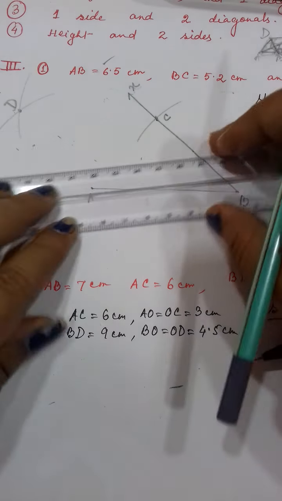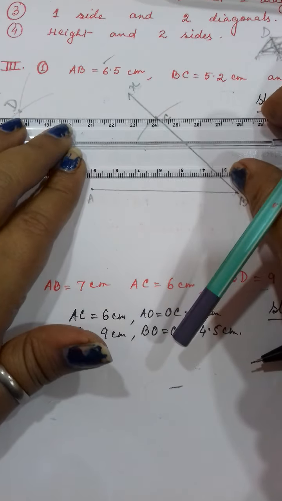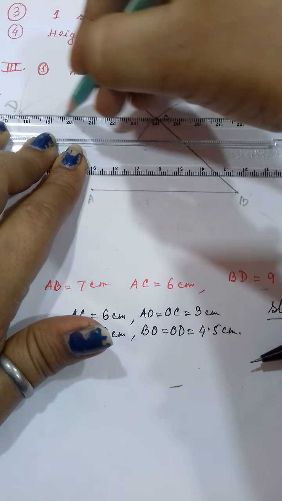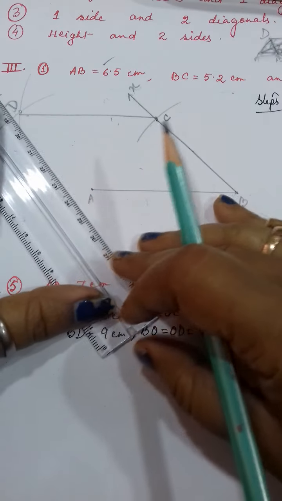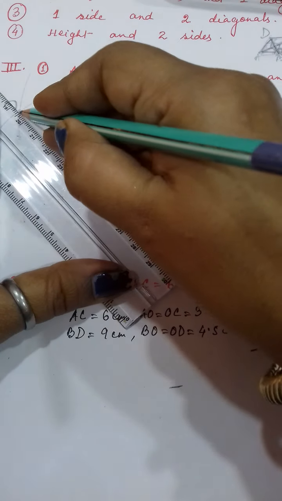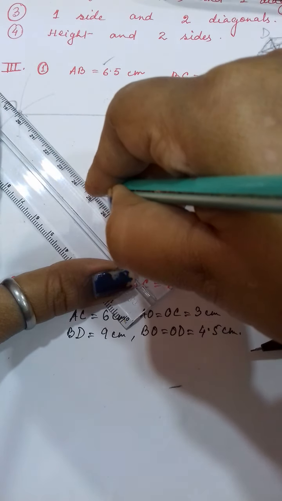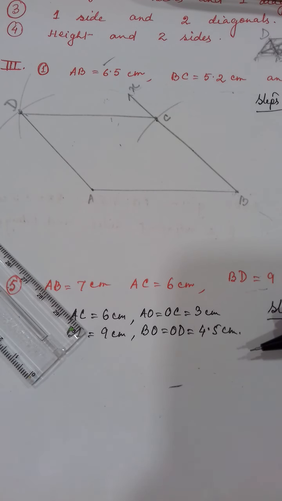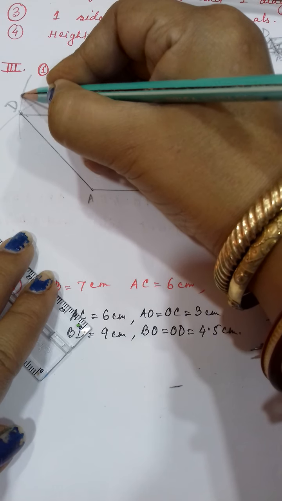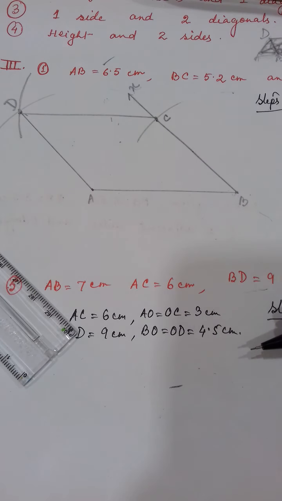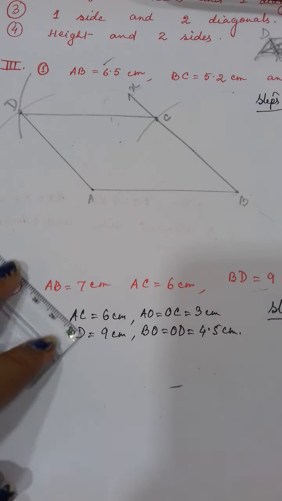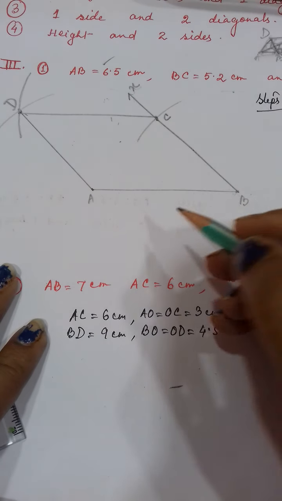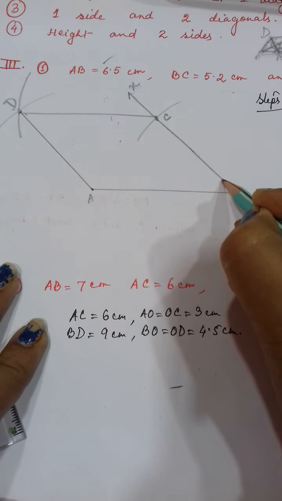Now you join the points. Have you seen how to construct? This is the parallelogram with two sides and one included angle. So this angle is given to you, 45 degrees.